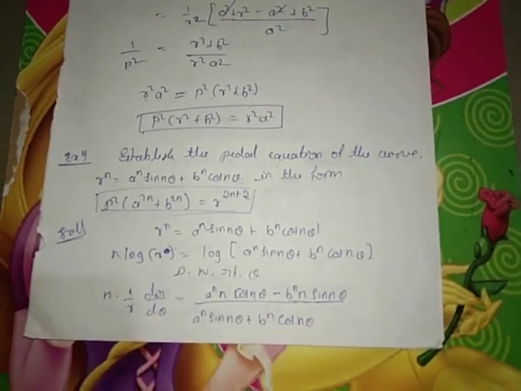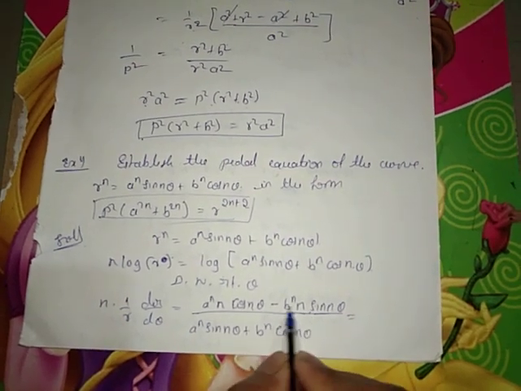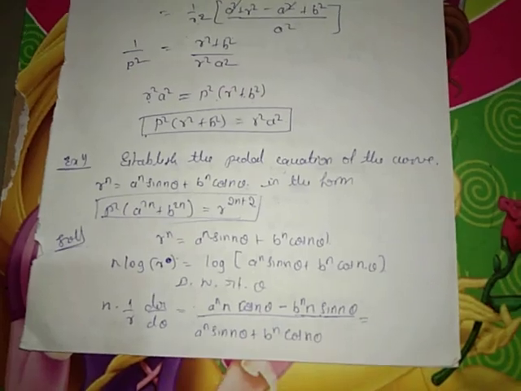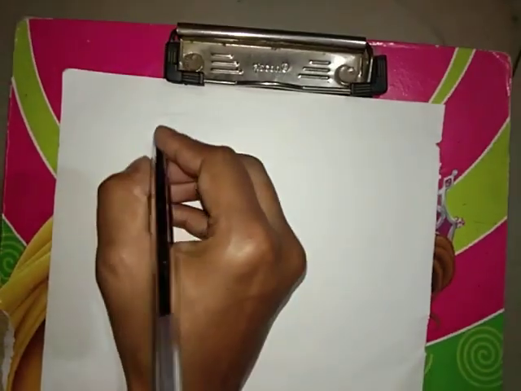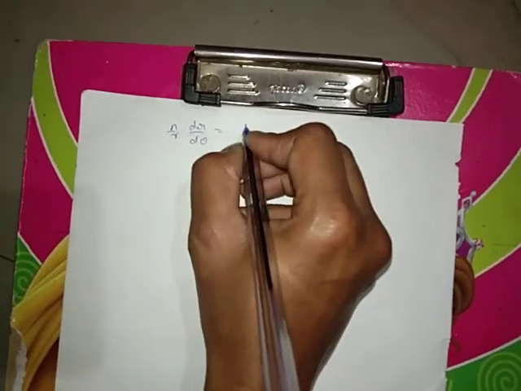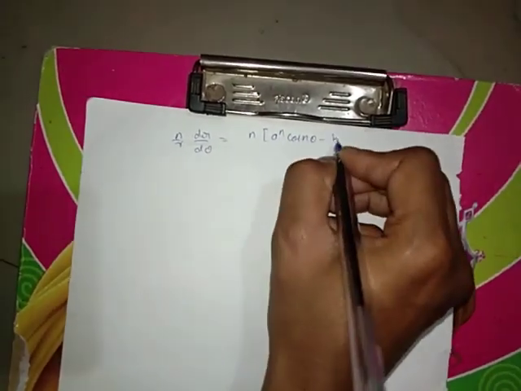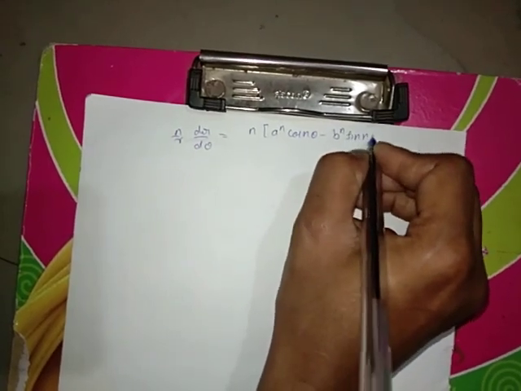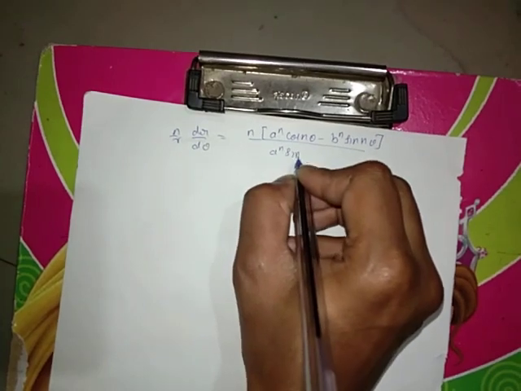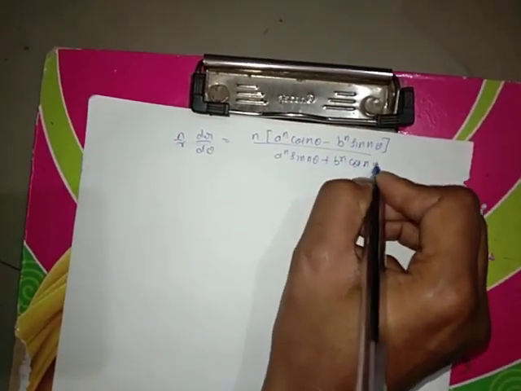So now, in these two terms n is common, take n common. Here also n is there, cancel n on both sides. So then the equation is n by r dr by d theta. Take n as a common, a raised to n cos n theta minus b raised to n sin n theta divided by a raised to n sin n theta plus b raised to n cos n theta.